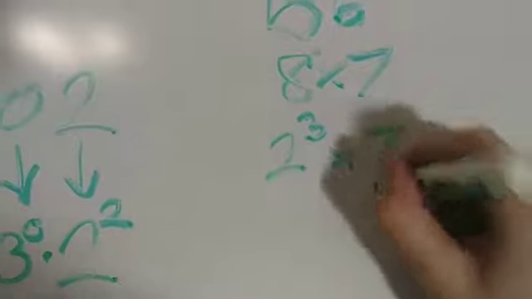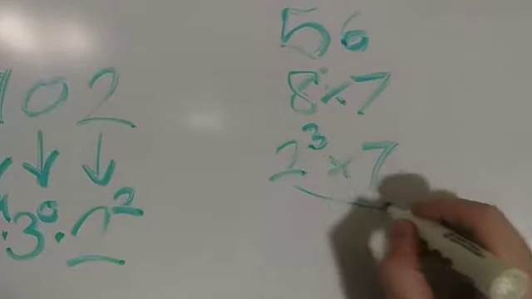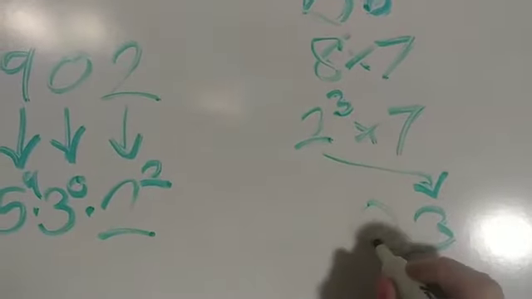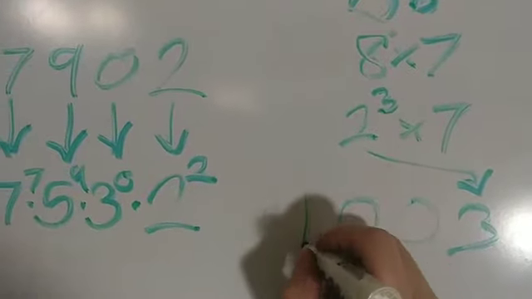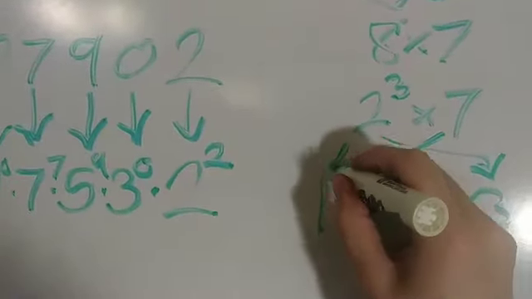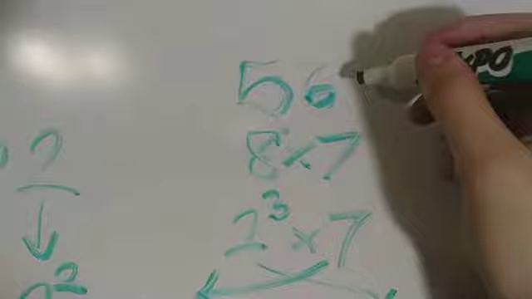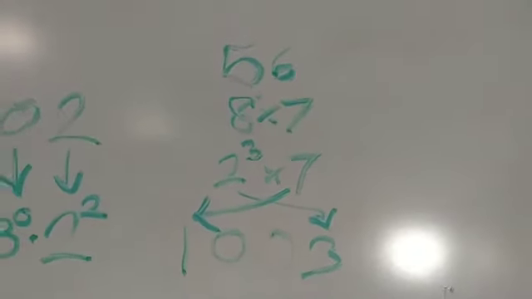So 56 is 2 cubed times 7. In the prime factor base, this would equate to 3, 0 because that's 3, 0 because that's 5, and 1 because that's 7. So 56 in base 10 is 1003 in prime factor base.